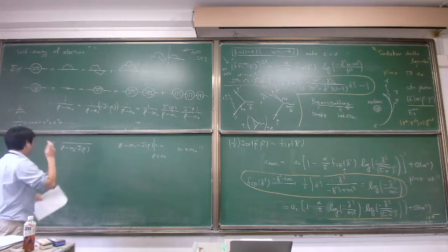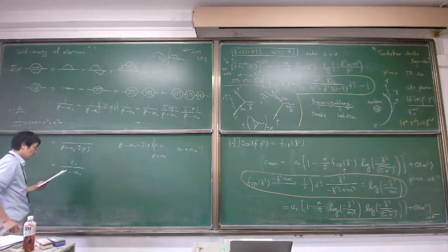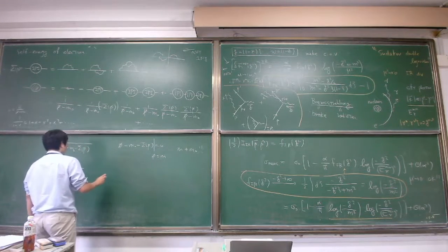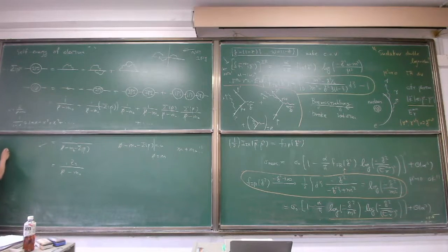And also, as I mentioned, here we can write down i Z2 divided by p slash minus m, and Z2 can be understood from this step to this step. First we just factor out p slash minus m0 times 1 minus sigma, divided by i.